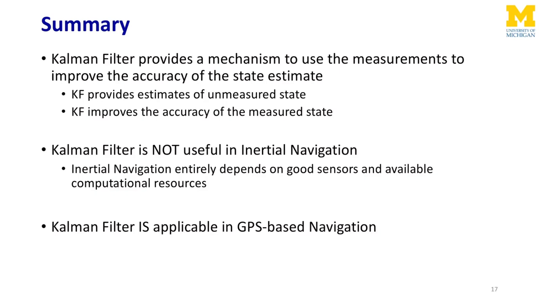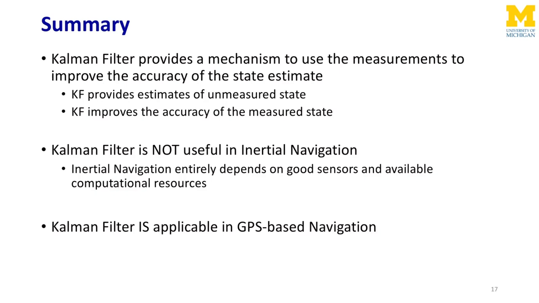And the usual application of the Kalman filter is to produce the estimates of unmeasured states. But like I showed you in the last couple of lectures, if you use Kalman filter even for the measured states, Kalman filter ends up improving the accuracy. So it's useful for both the measured and unmeasured state.